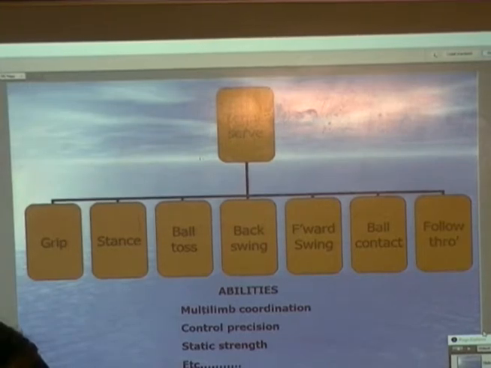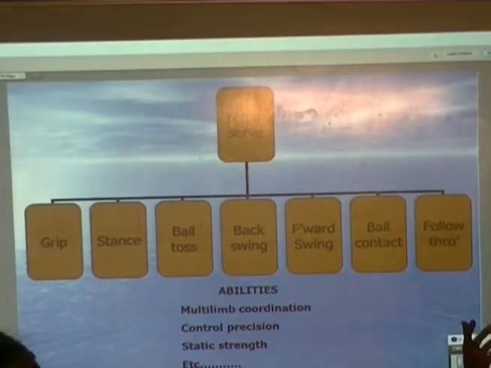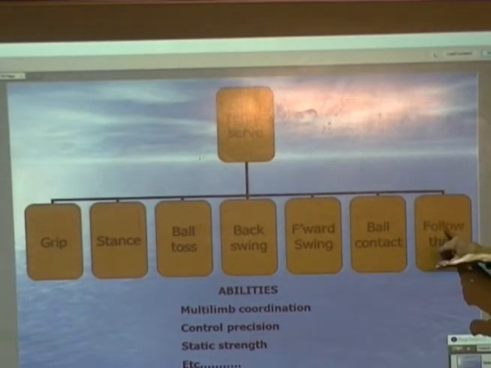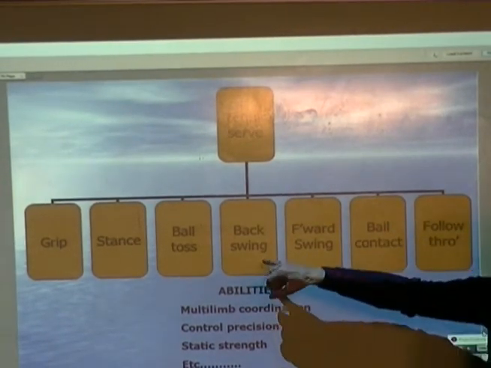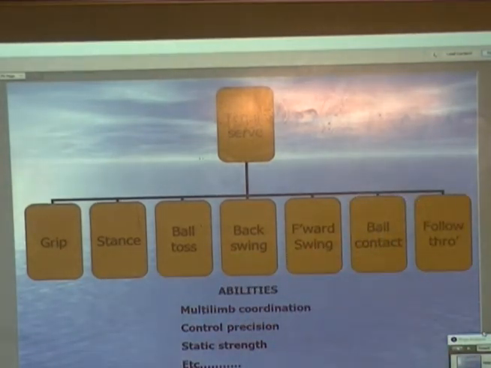So, for example, I take a skill, and I can break it down into what I have to do in order to do the skill. So I can do a skill analysis. I've got to toss the ball, I've got to swing the racket, I've got to make contact, and I've got to follow through.